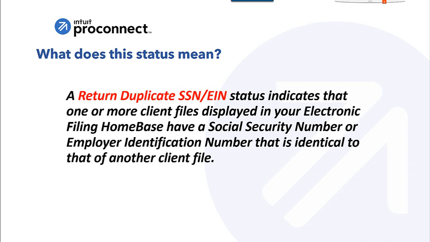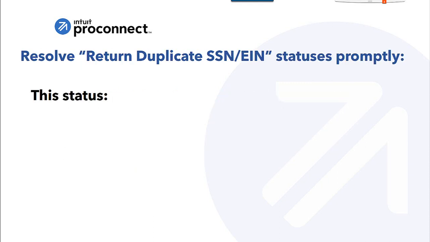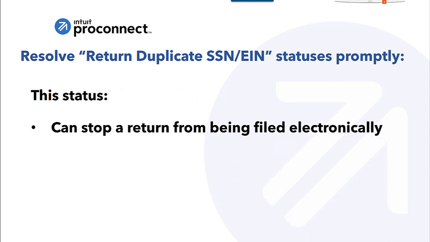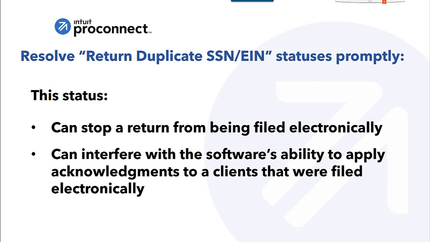You will want to address the issue promptly because this situation can prevent you from electronically filing a return, and the duplicates can prevent your software from retrieving and applying status updates and acknowledgments to returns that have been filed electronically.